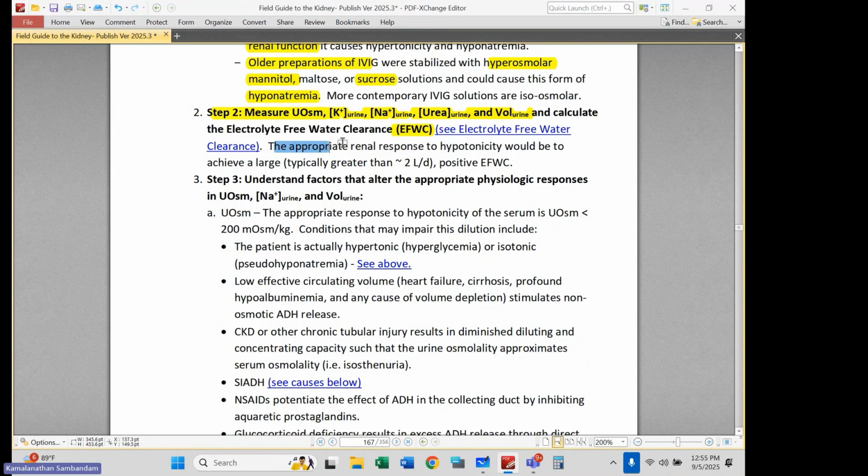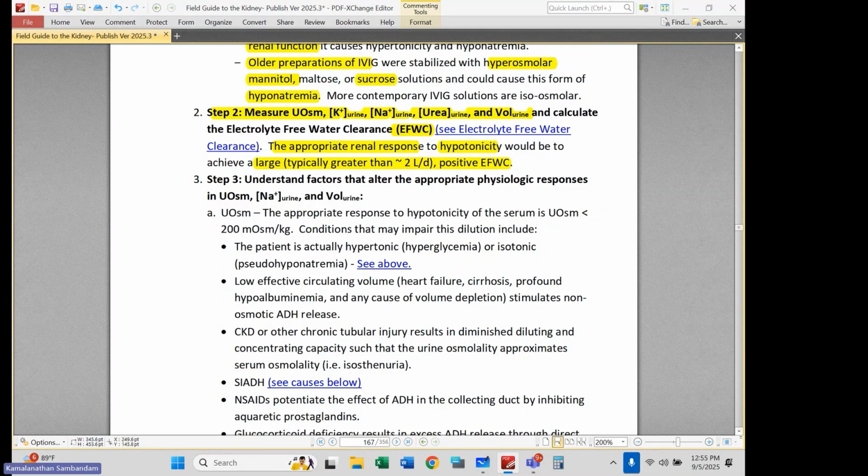The appropriate response to a hypotonic state would be to try and excrete free water. So that's a positive electrolyte-free water clearance. Remember, we said negative free water clearance would lower your sodium, right? That's the scenario in which you're dumping salt faster than water.